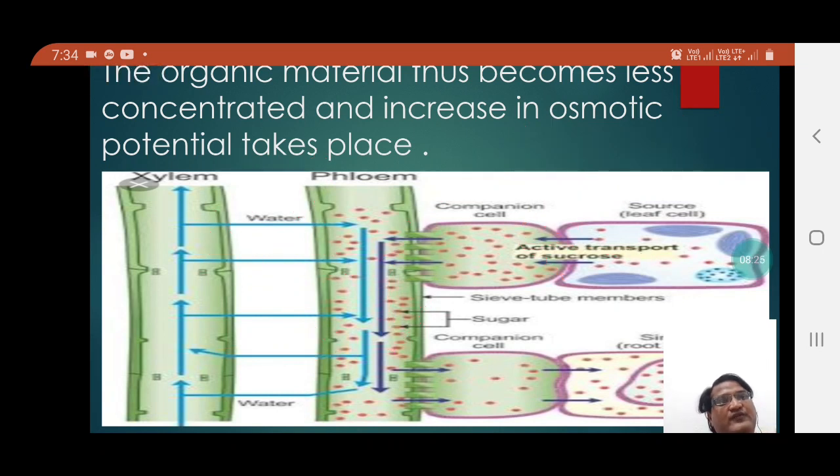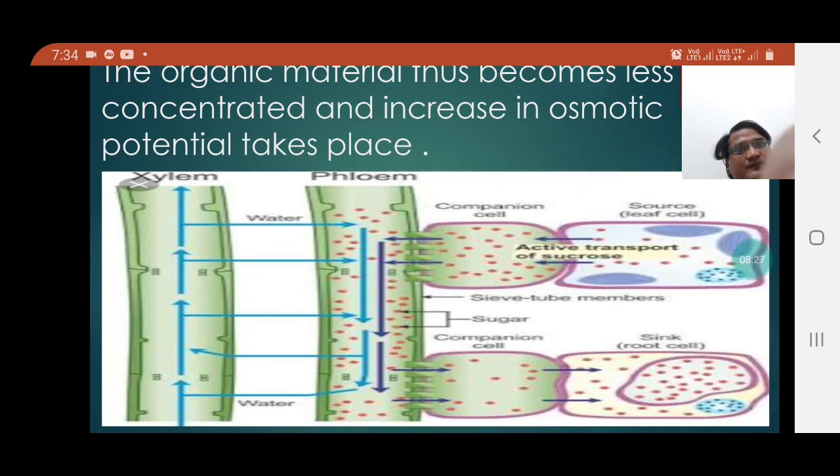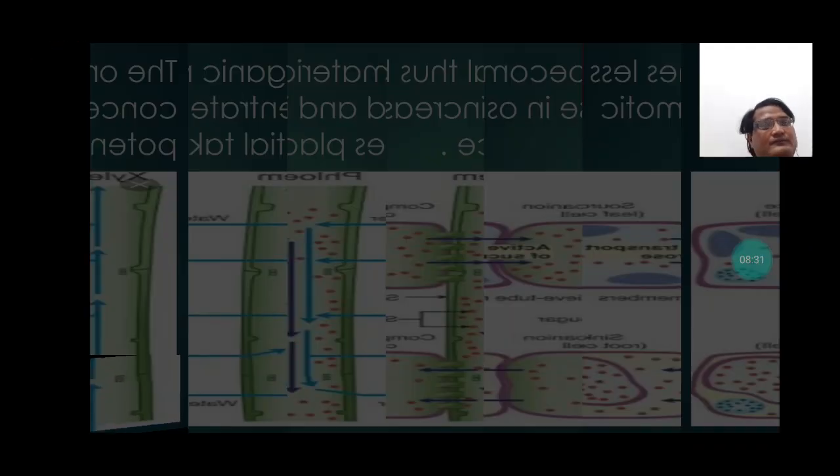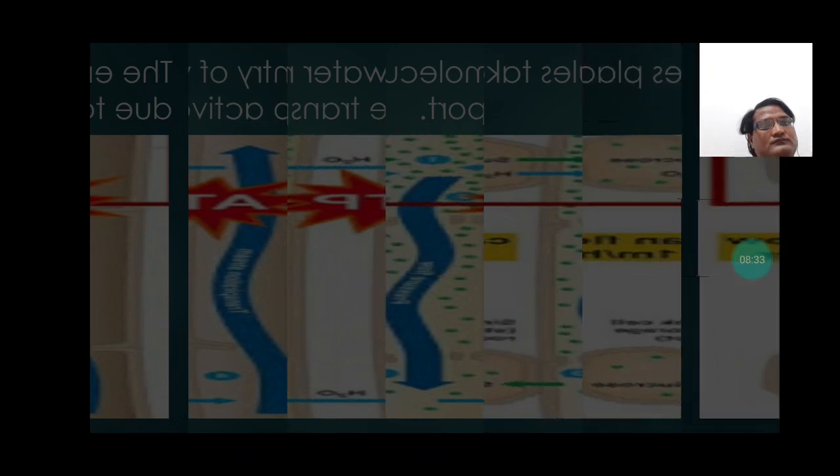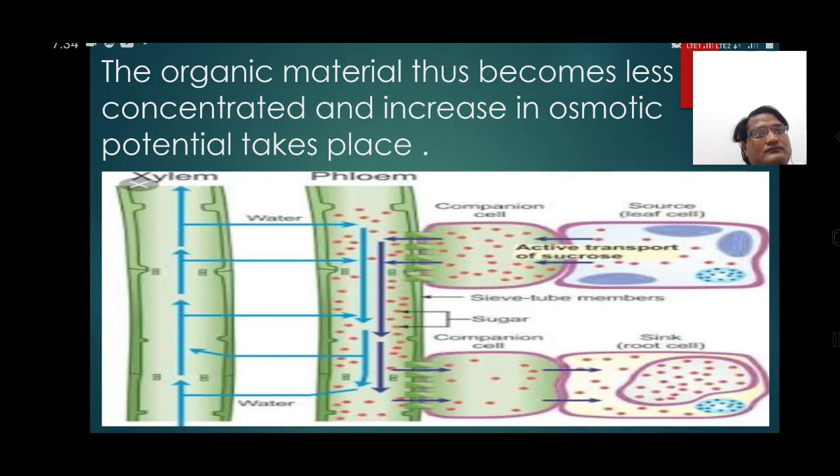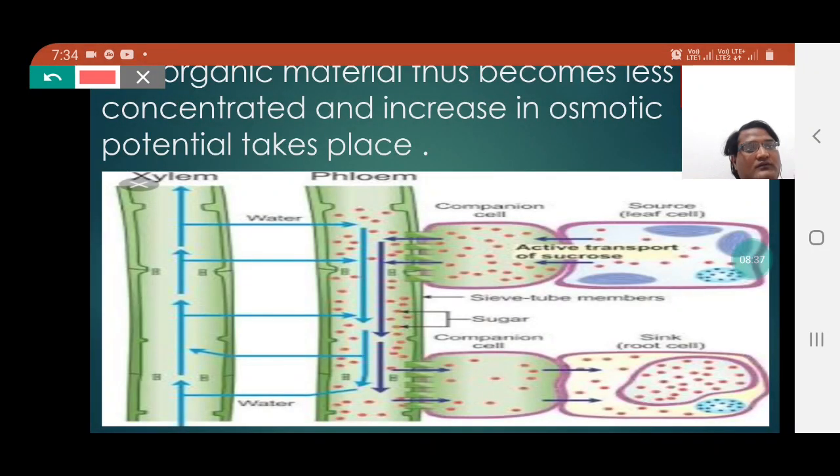So students, if you concentrate in this picture, then you will be able to notice that there is presence of even a companion cell which is present adjacent to the phloem.